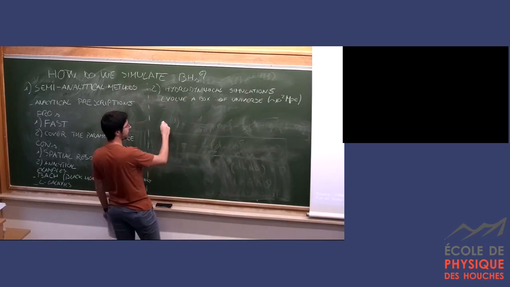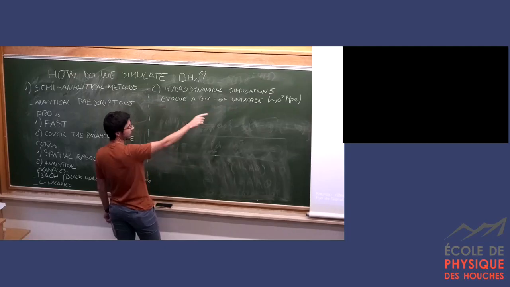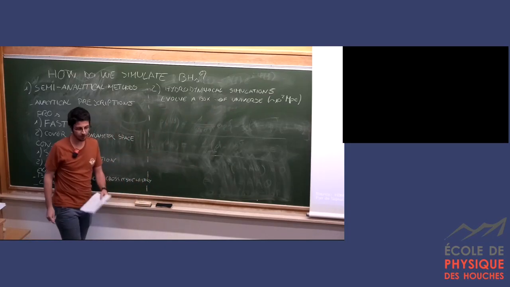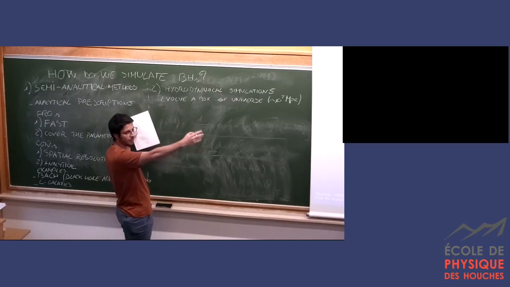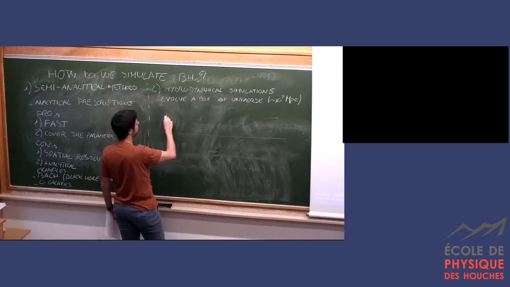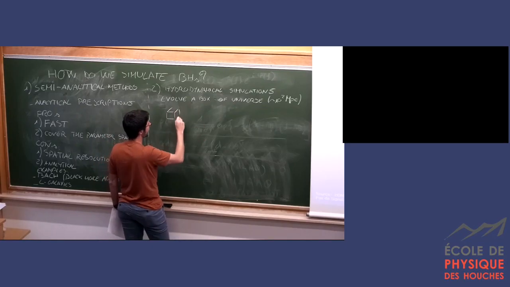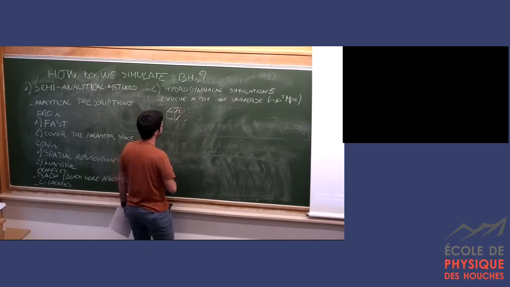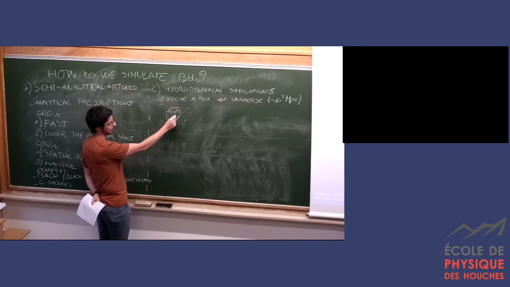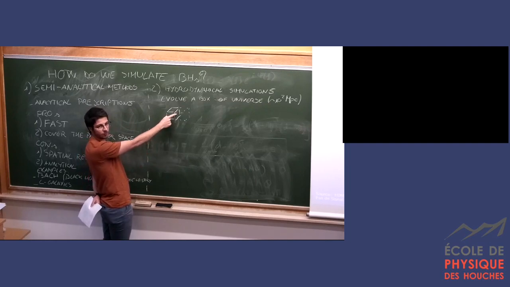So the idea here is simple. Imagine that you have this big box of the universe. There are several approaches, but I think the most intuitive one is that you take a big box and you divide it in cells. And what you're looking at are the conditions at the boundary between the two cells.